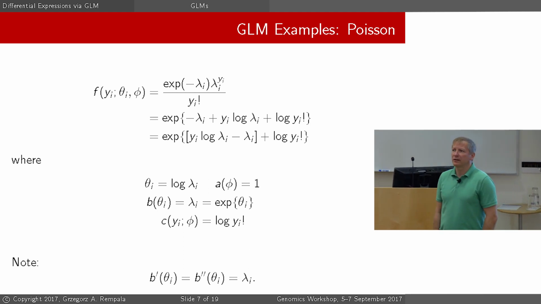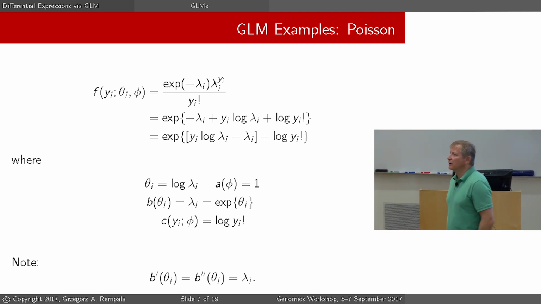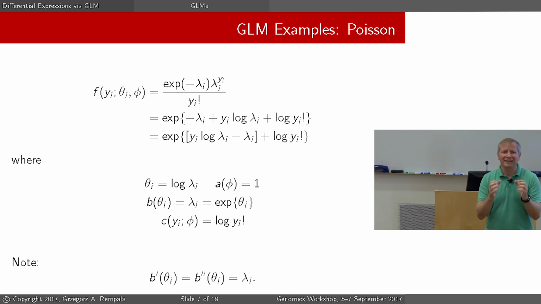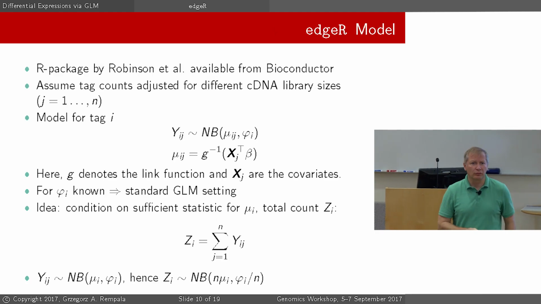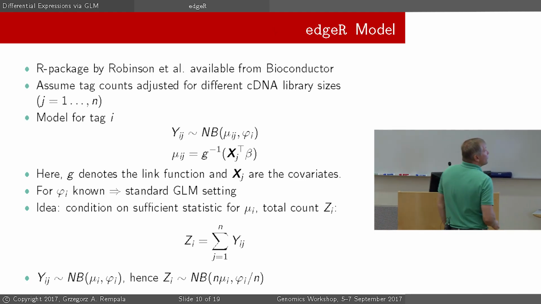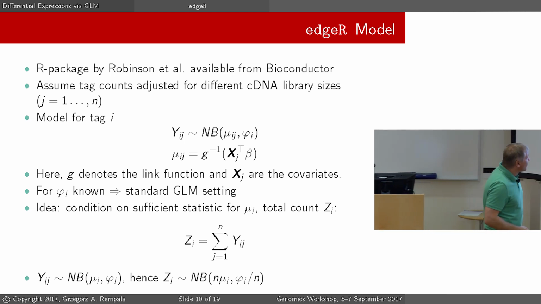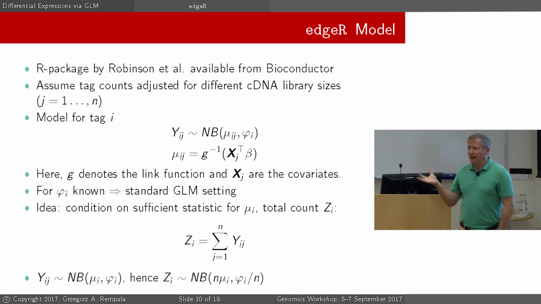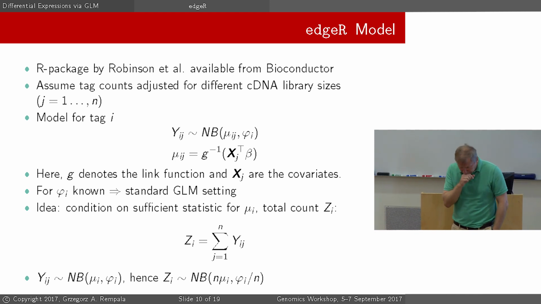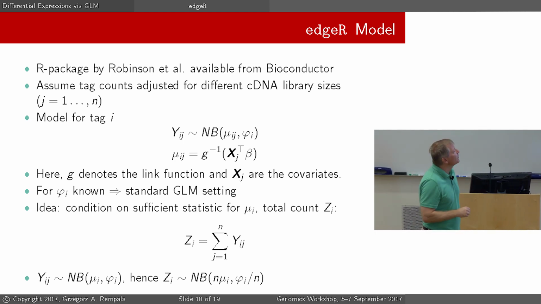It's numerical, because most of the time we cannot write out the exact solutions of the appropriate equations for estimating parameters. But we have a very nice, stable numerical method to do this as soon as we are within this dispersion family. So edgeR was developed with this in mind, that we have differential expressions, which are describable by negative binomial distribution.